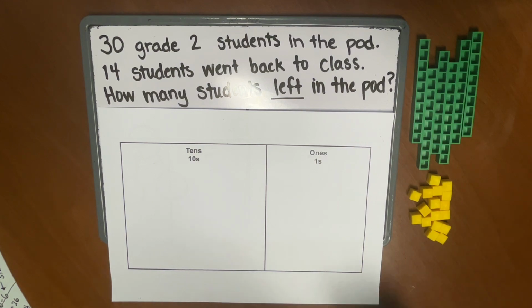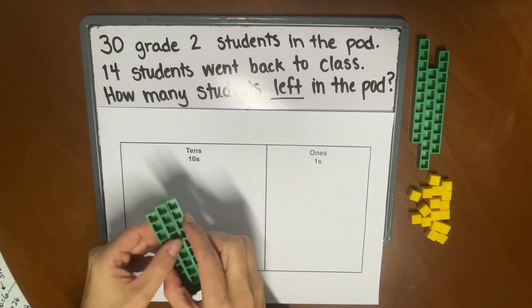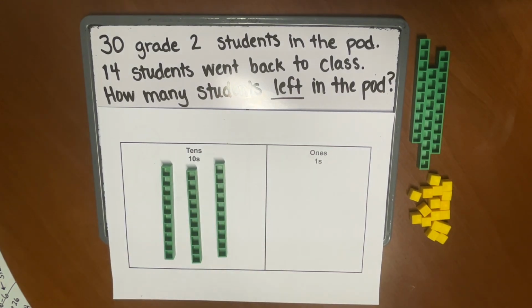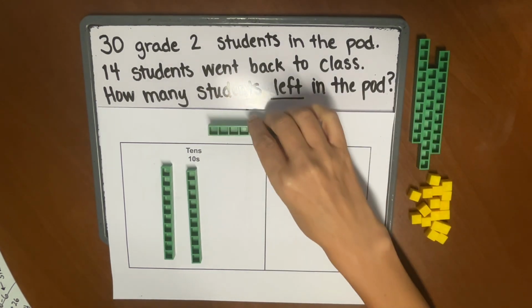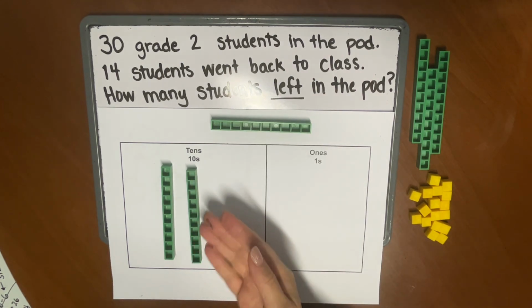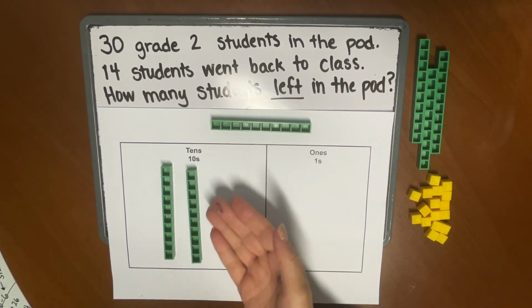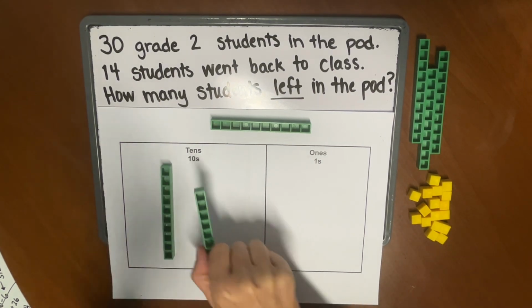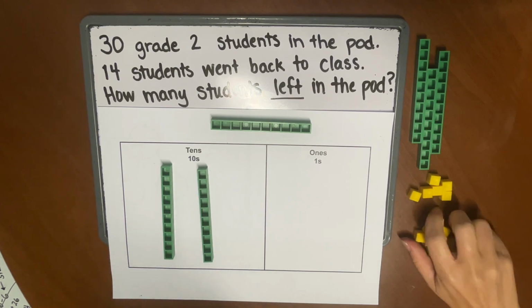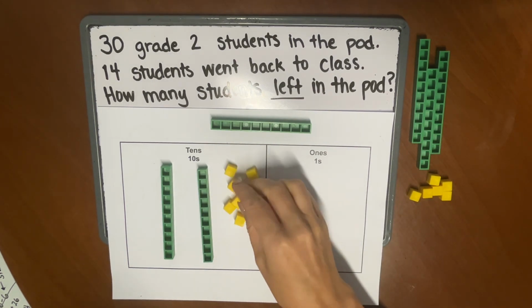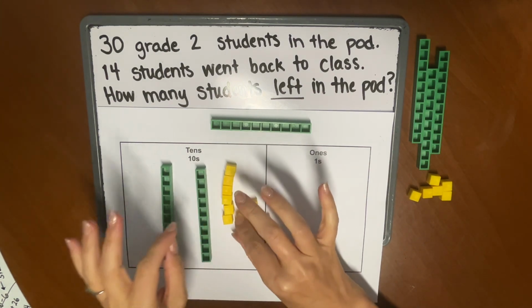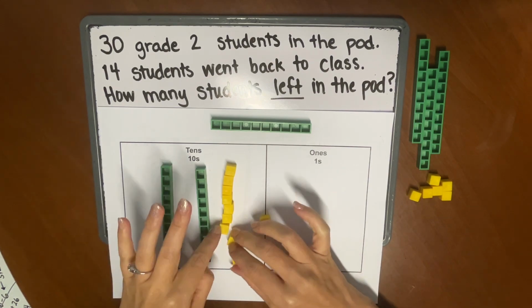Let's see how you did. I know that 30 grade 2 students were working in the pod. And then 14 of them went back to class. Well, here's 10 that went back to class. How am I going to break this up? I can't break this part. How am I going to get this so I can break it? Did you trade 10 ones for that long? I know that if I do 10 ones, that is the same as 1 10.